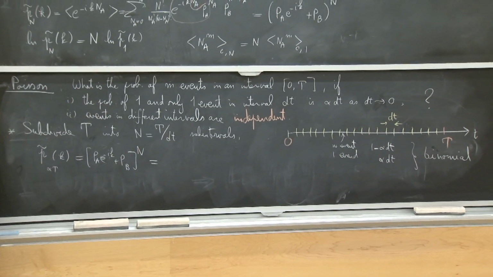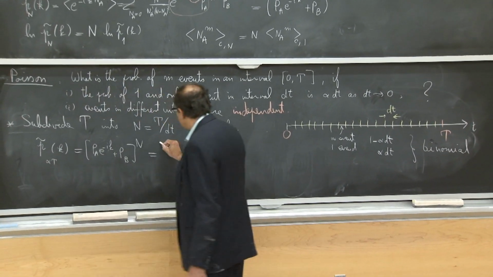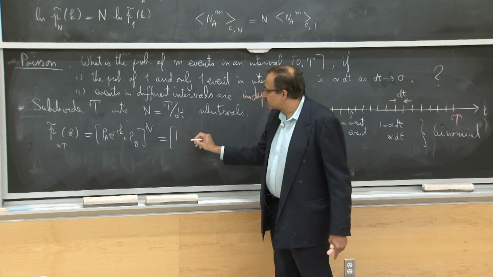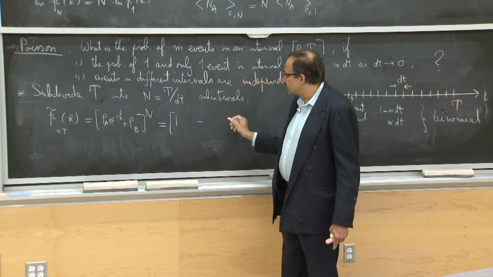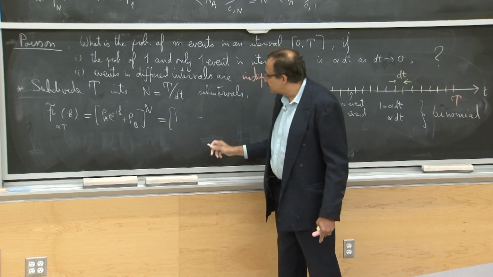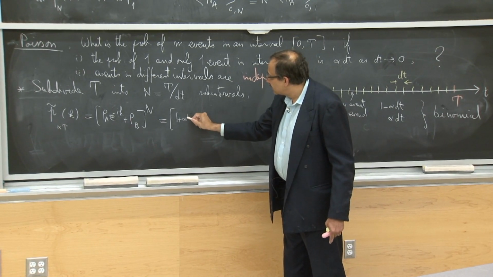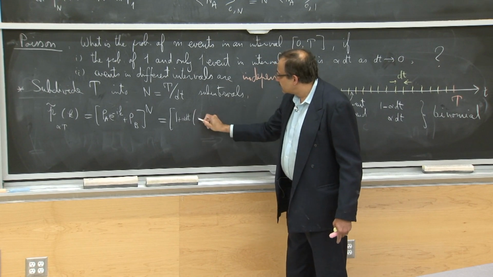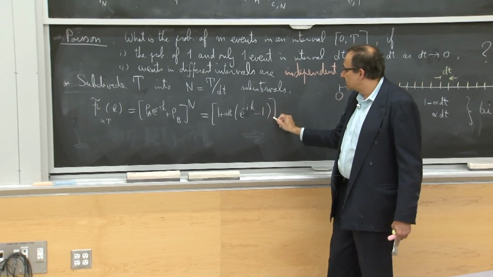Now we just substitute the probabilities that we have over here. So the probability of not having an event is 1 minus alpha dt. The probability of having an event is alpha dt. So alpha dt is going to appear here as e to the minus ik minus 1.